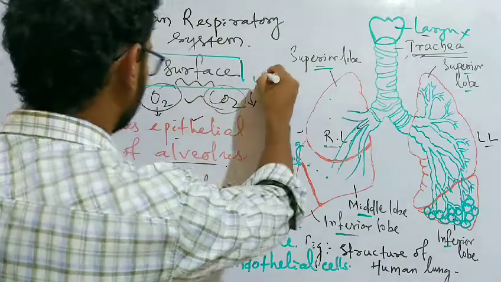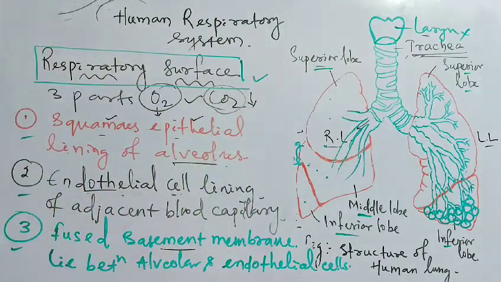The respiratory surface is made by these three different layers. At the respiratory membrane, consider the total distance of separation.